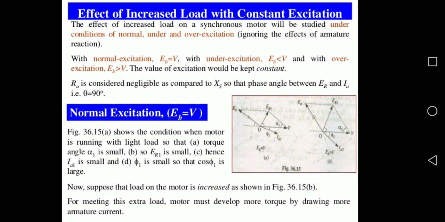The excitation means the field current given to the rotor. As we said in the earlier class, normal excitation means the field current is rated, and when the field current is more than rated current, that is the over excited condition, and when field current is less than rated current, that is called an under excitation condition.